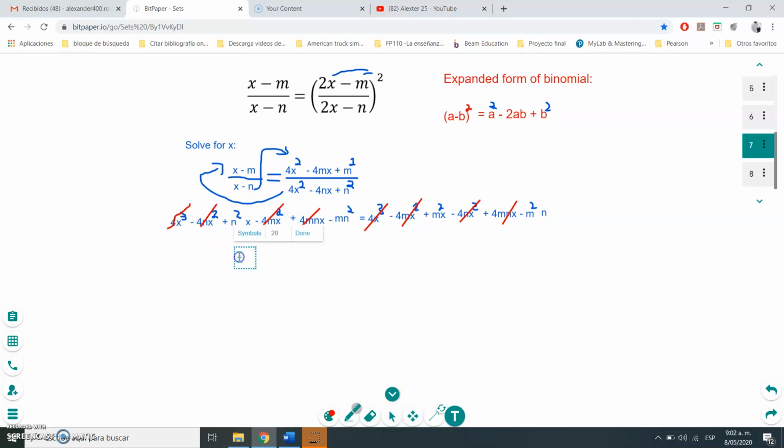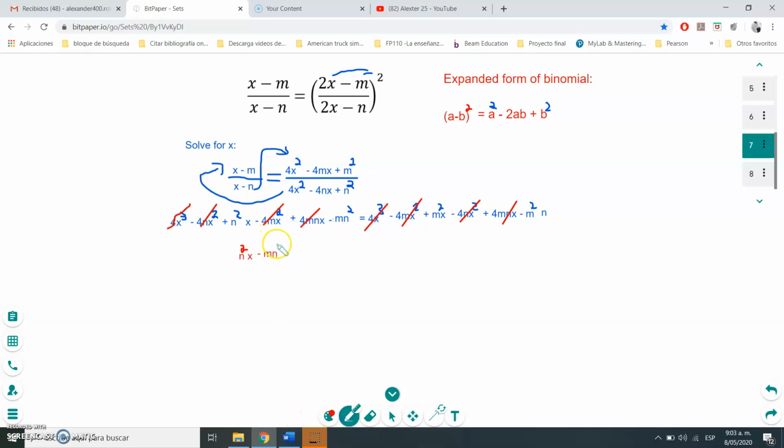All right, so we have n²x, and here we have minus mn².